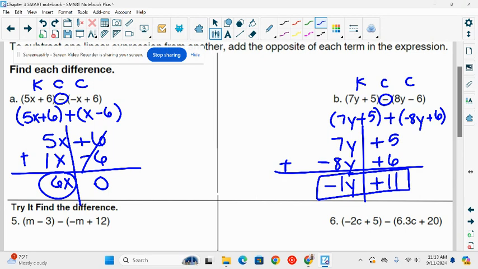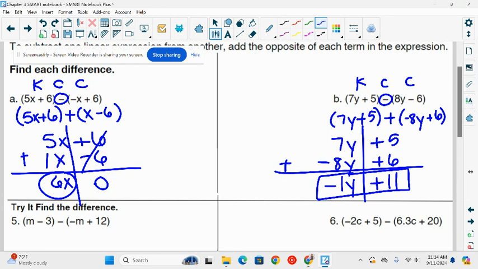So you have to pay attention to your sign. When I'm doing it, if I see a subtraction symbol, I know the first thing I'm going to do is keep, change, change. You see a subtraction sign between the two expressions. Do you see how there's a subtraction right here inside the parentheses? We're not messing with that. It's the one between the parentheses.